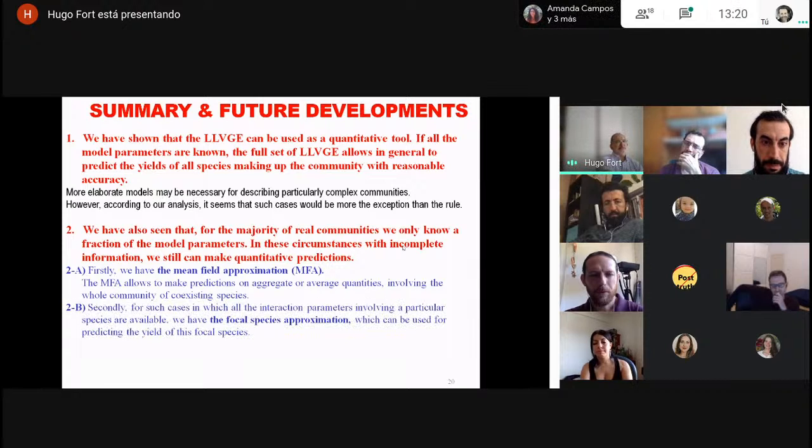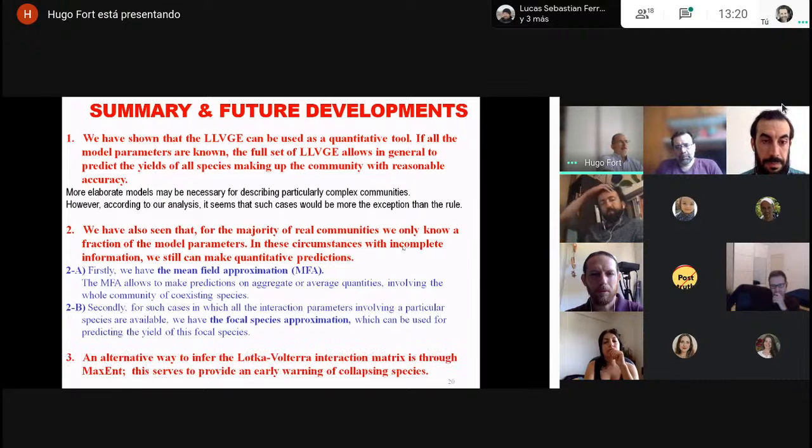Secondly, for species in which all the interaction parameters involving a particular species are available, we have the focal species approximation, which can be used for predicting the yield of this focal species of particular interest. Finally, an alternative way to infer the Lotka-Volterra interaction matrix is through maximum entropy.